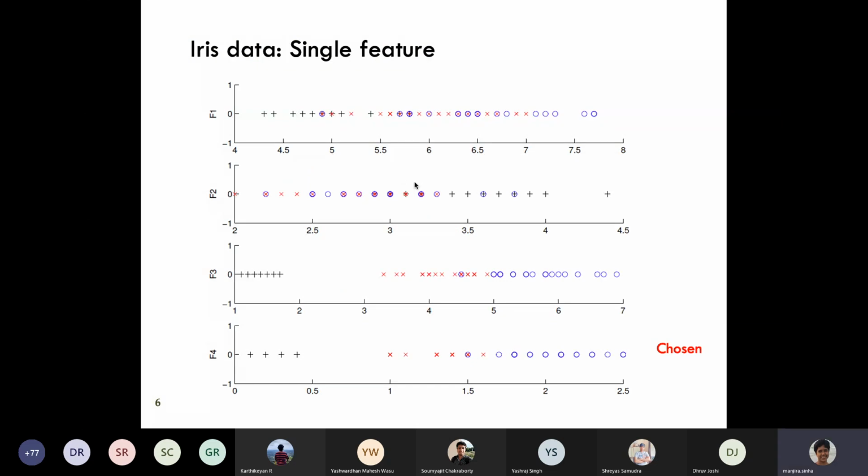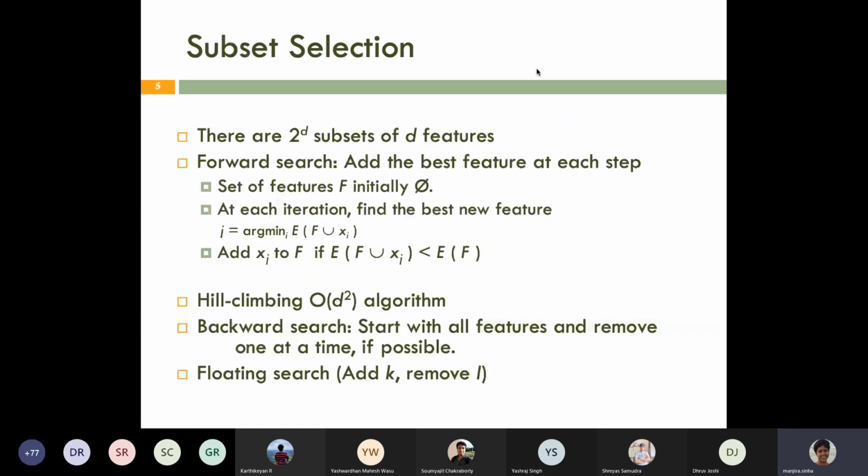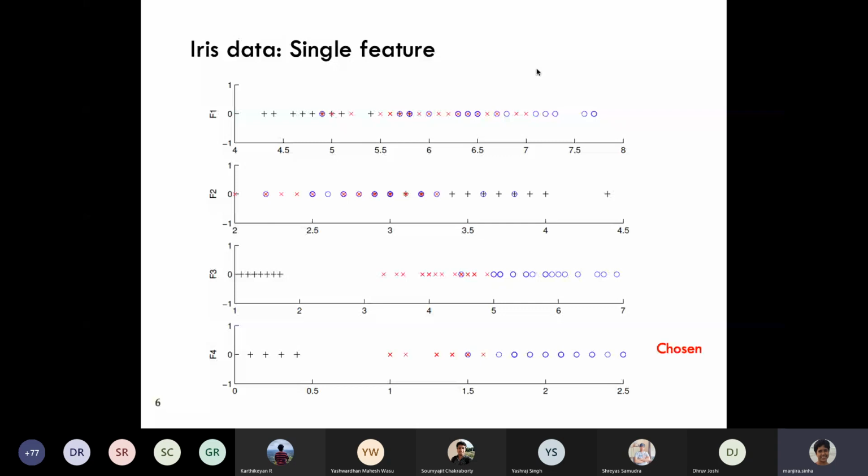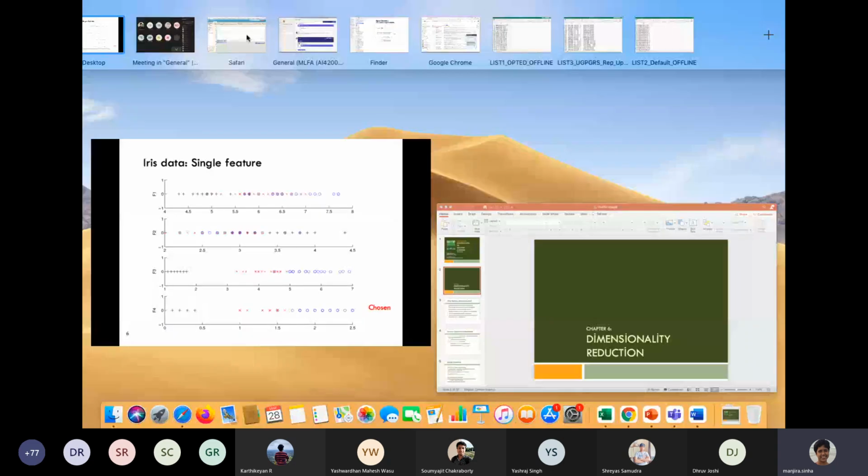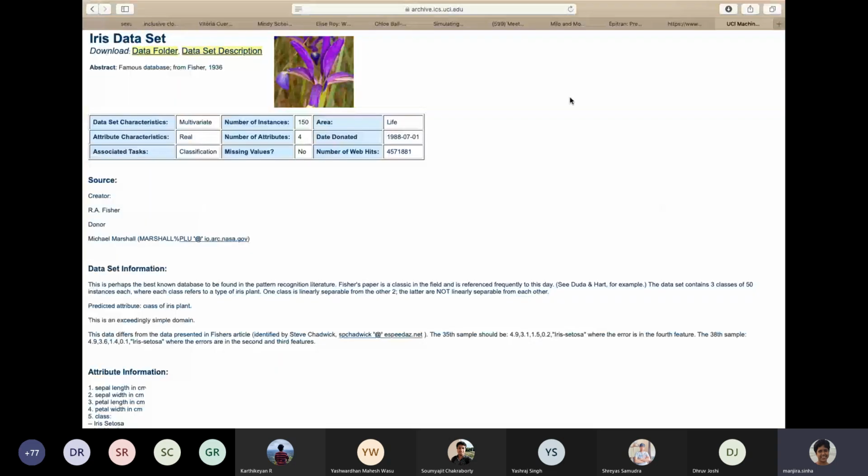Okay, so this is an example of the forward search algorithm on the Iris dataset. The Iris dataset is a very well-known dataset in pattern recognition, and it has been used for a long time. I have the Iris dataset open as well.